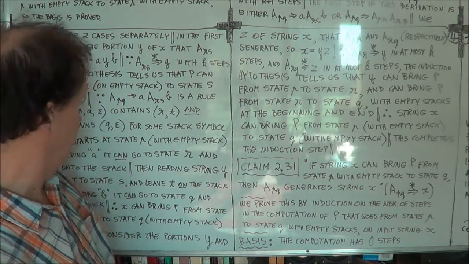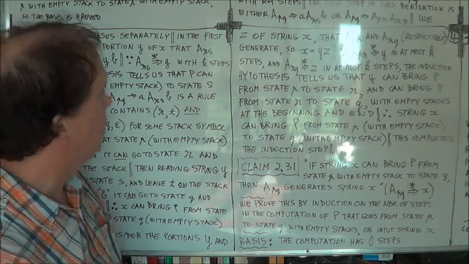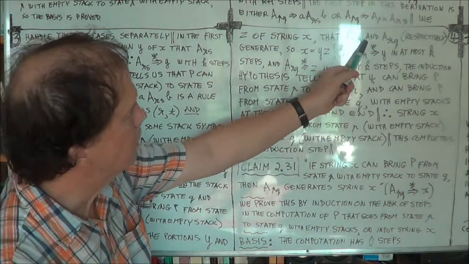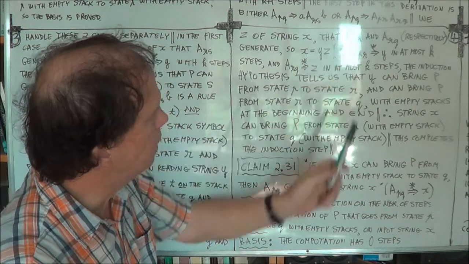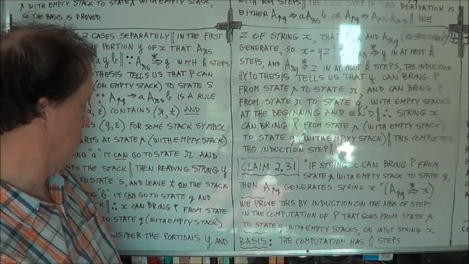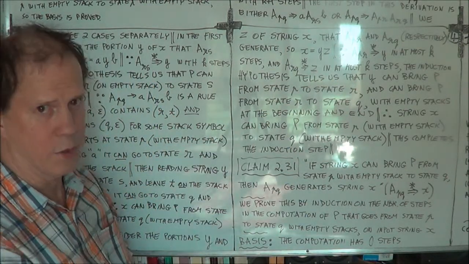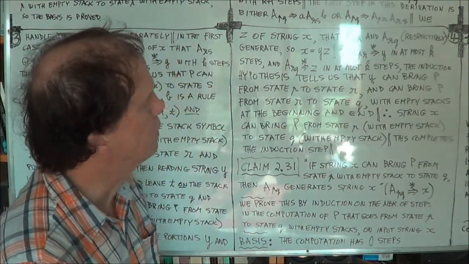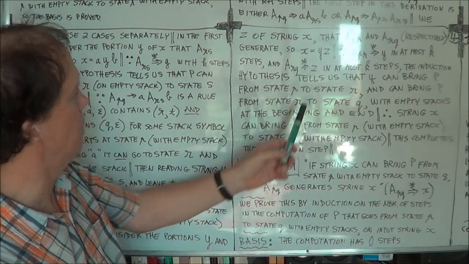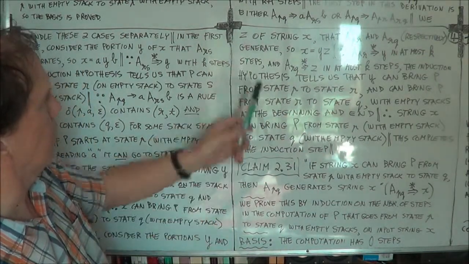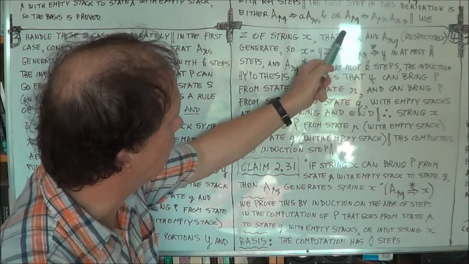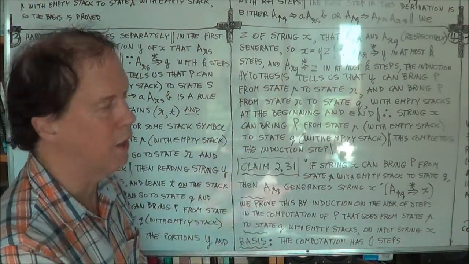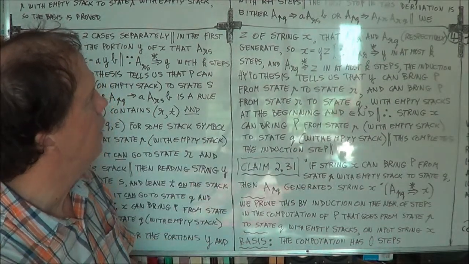Now let this one generate the substring Y, and this one generate the substring Z. So this generates substring Y, and this generates substring Z, substrings of your X, portions of your X.